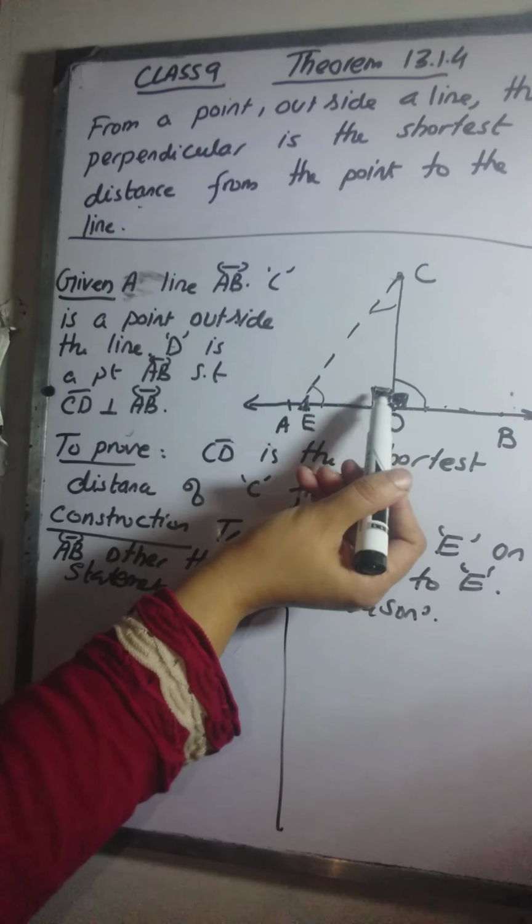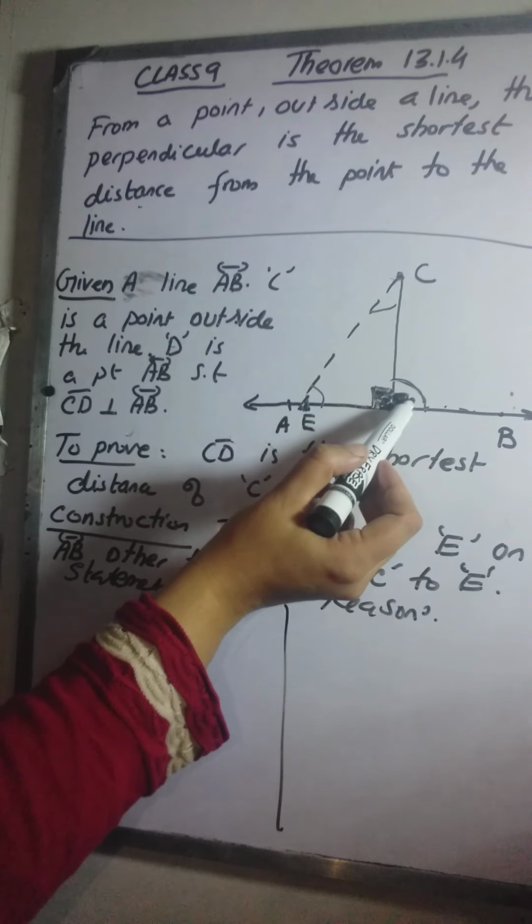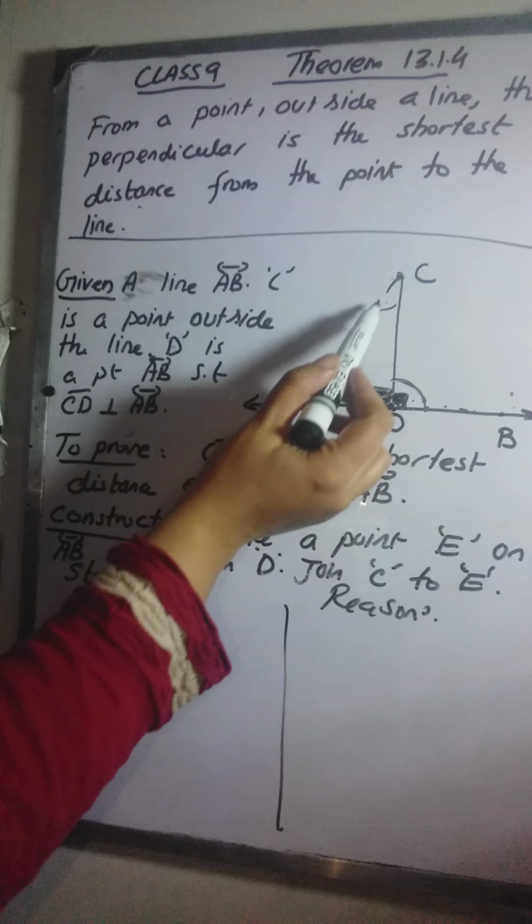If this is the interior angle, the exterior angle of this interior angle is this one, and we know that the exterior angle is always greater than the non-adjacent interior angles.